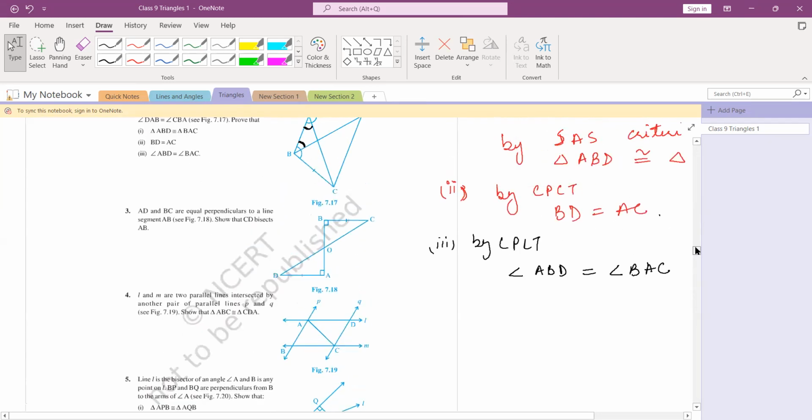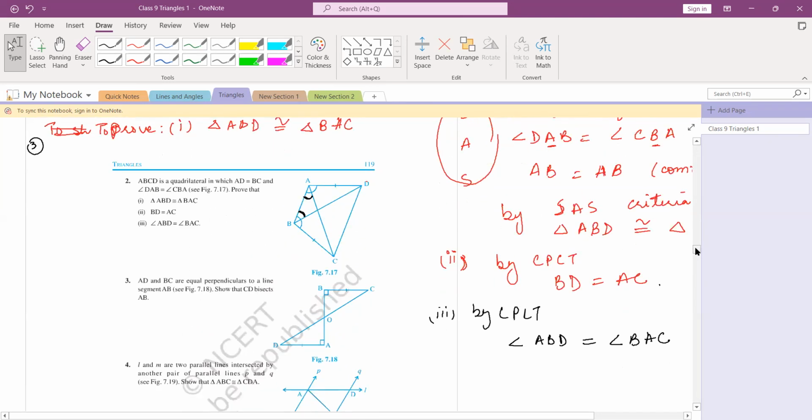This is your question number 3. Now, can you see the figure here? So let me write question number 3 now.